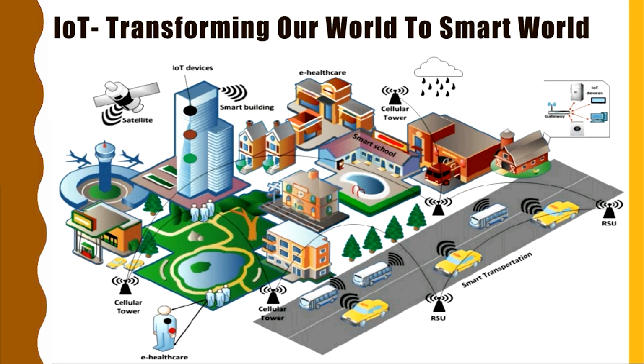When we go out, we have smart transportation, traffic monitoring, smart street lights, smart schools, smart healthcare. We have IoT everywhere, making our world smart. So let's learn what the IoT is.